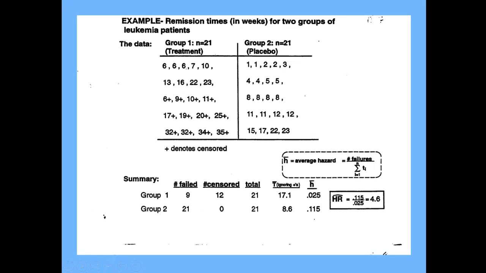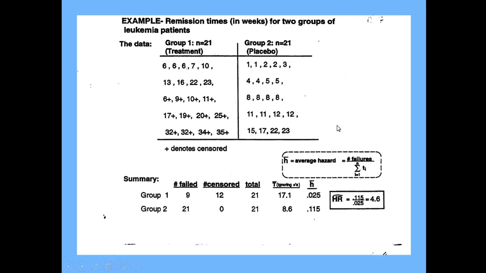So how do we get a rate? Well, it's the number of failures divided by the person time, which is the sum of the times for each group. So this would be 9 divided by the sum, and this would be 21 divided by this sum.